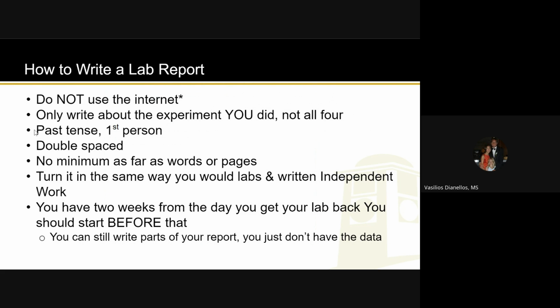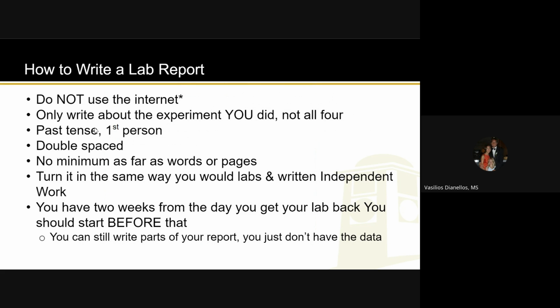Third part, it should be past tense and in first person. Why? Just because I said so, right? So, for example, when you're writing about materials and methods, you'll say, I put a cuvette 10 centimeters from a light source.